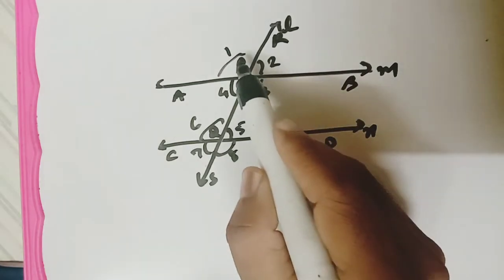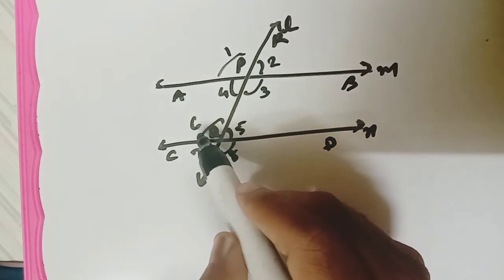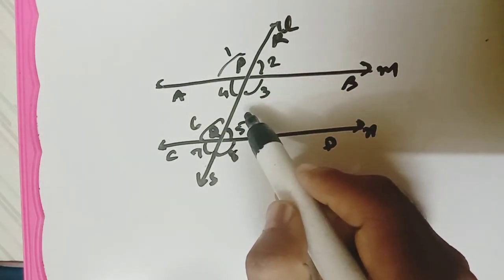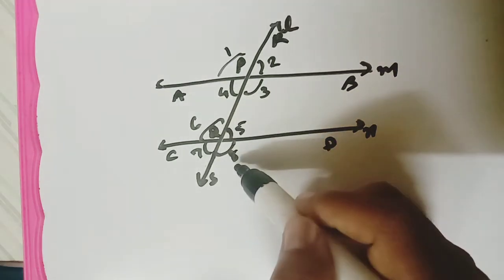Now if we measure these angles, we can see that the measurements of angle 1 and angle 6 are equal, angle 2 and angle 5 are equal, 4 and 7 are equal, 3 and 8 are equal.